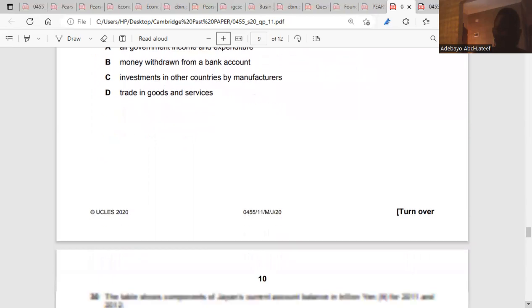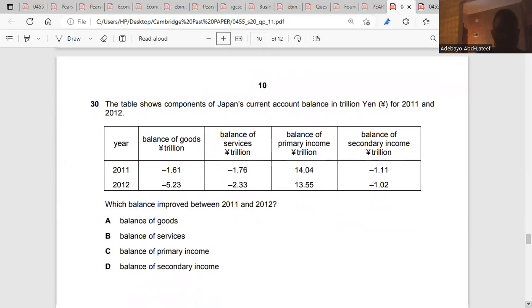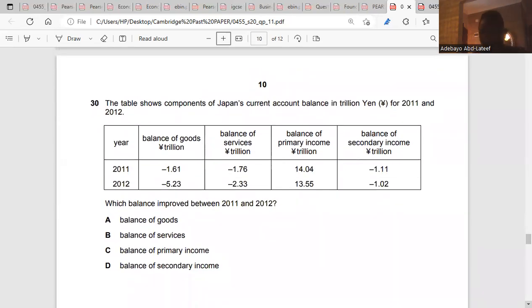30. The table shows Japan's current account balance in trillion yen for 2011 and 2012. Which balance improved between 2011 and 2012? Based on this, the improvement is in the secondary income. Why? The balance of goods fell from negative 1.1 to negative 5.